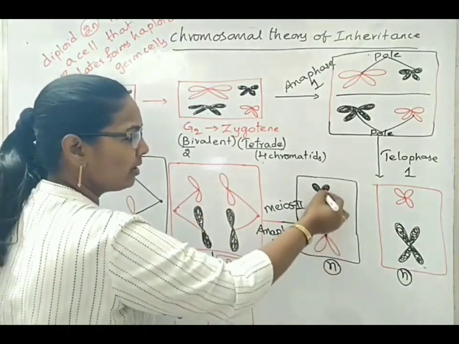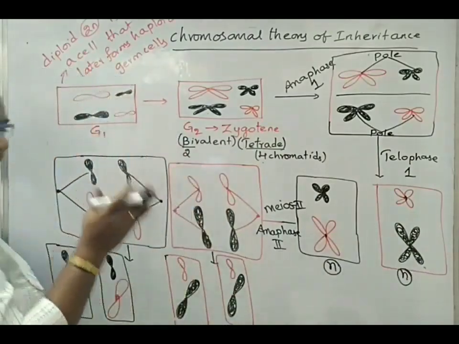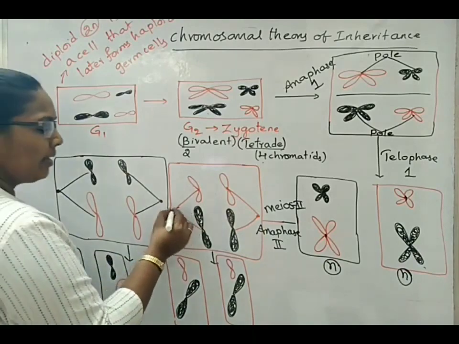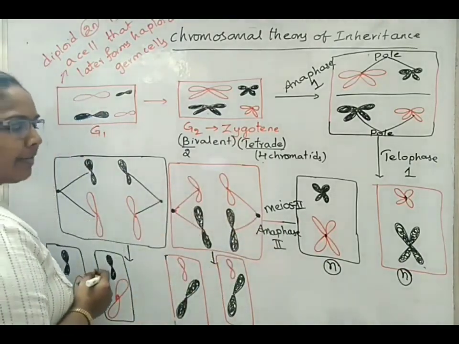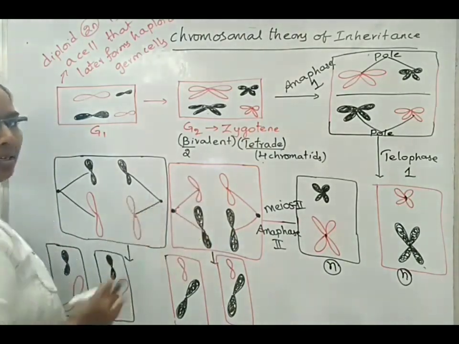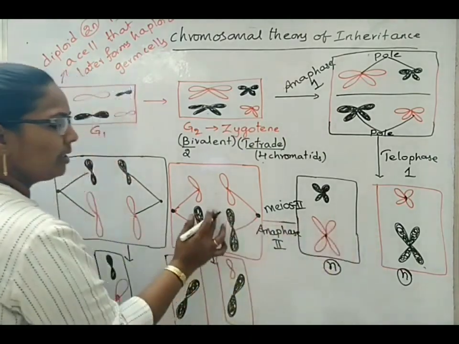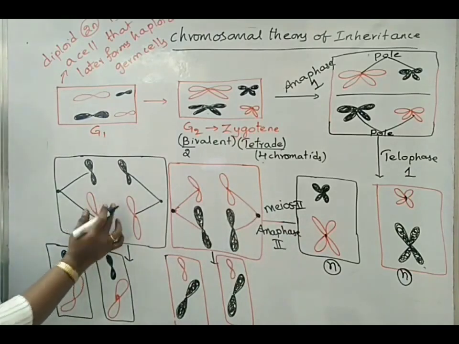The chromosomes are split according to the separation of chromatids, vertically, and these are moved again to opposite poles. The spindle fibers will be dragging each chromatid towards the opposite poles. So this cell is represented like this and this cell is represented in this form.